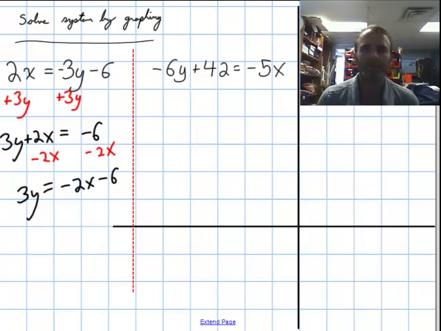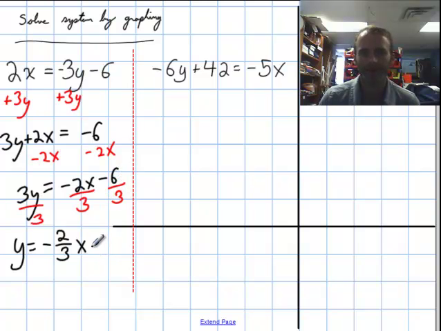Now I'm going to divide everything by negative 3. And when I divide everything, I divide every single term in here by 3. So that gives me y is equal to negative 2/3 x. Negative 6 divided by 3 becomes negative 2.